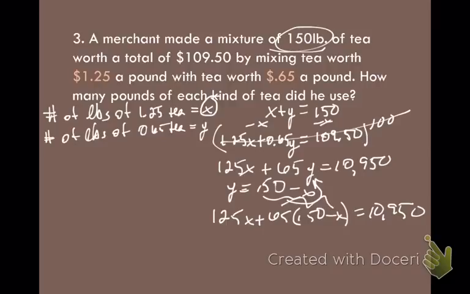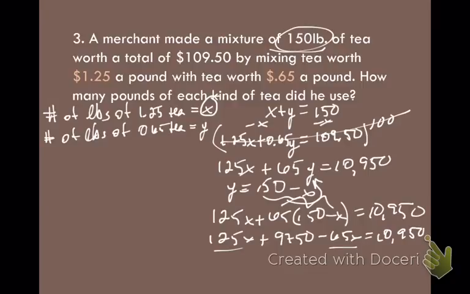Now distribute. So we get 125x plus 65 times 150, which gets us 9,750, minus 65x equals 10,950.